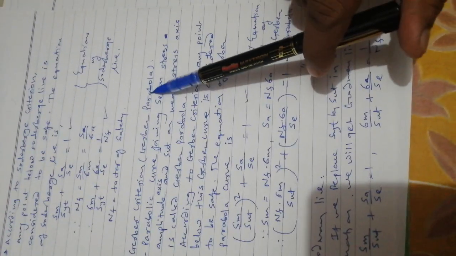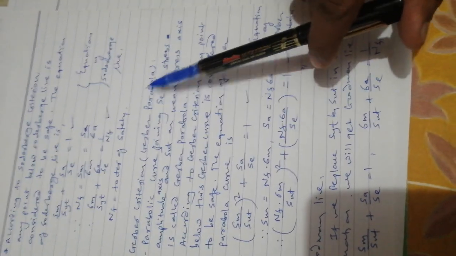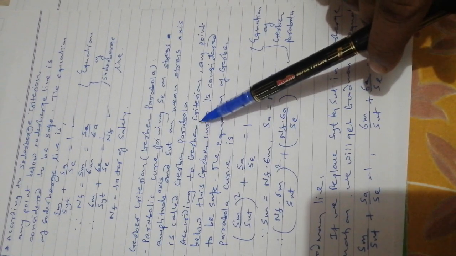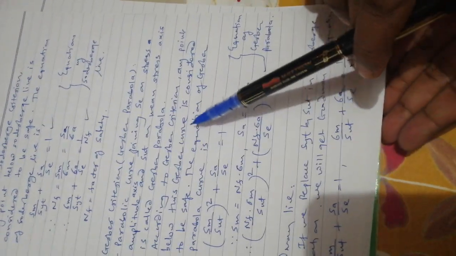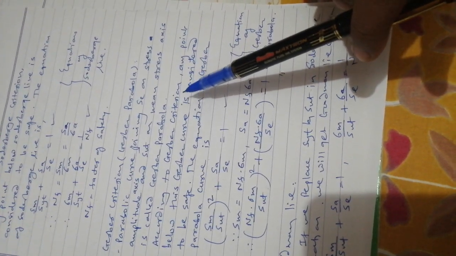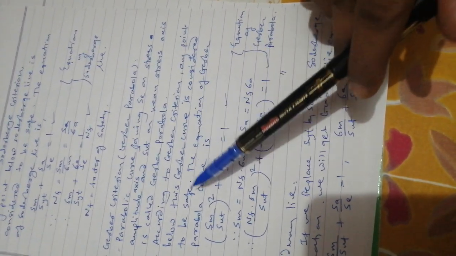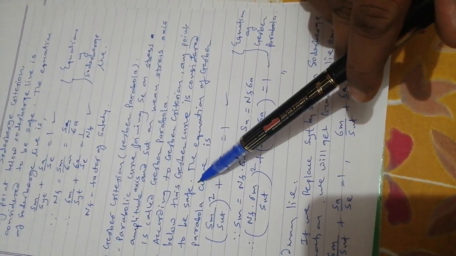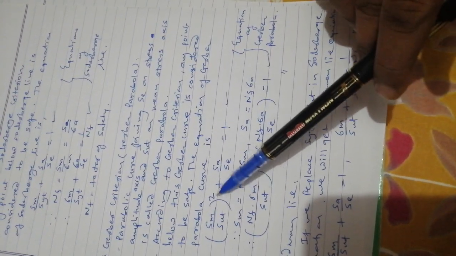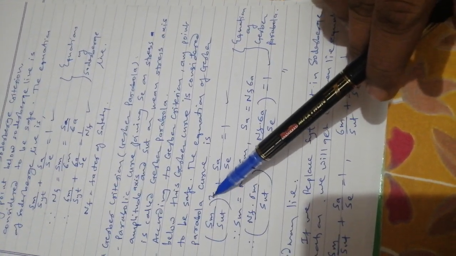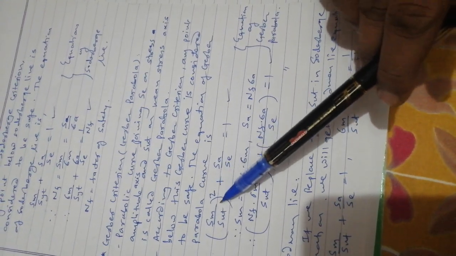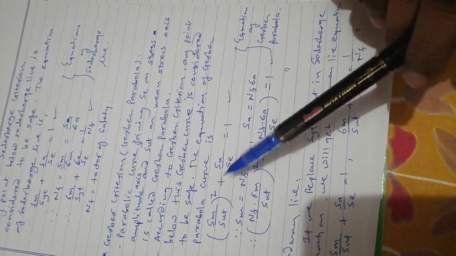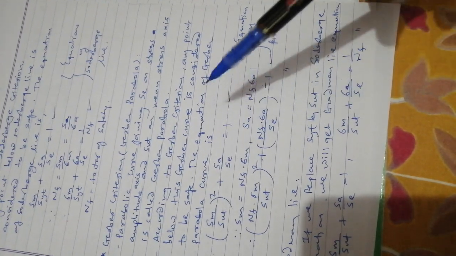It is a parabolic curve, that's why it is called a Gerber parabola. According to the Gerber criteria, any point below this Gerber curve or parabolic line is considered to be safe. The equation, since it is a parabola, obviously the power must be 2 or square: Sm upon SUT the whole square plus Sa upon Se is equal to 1.